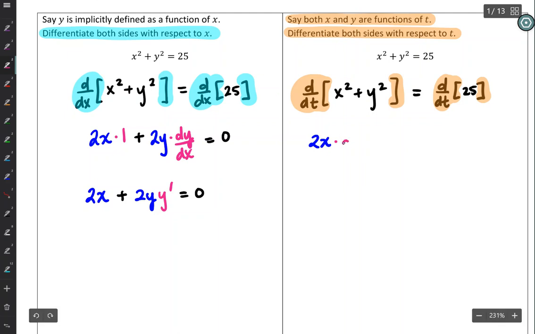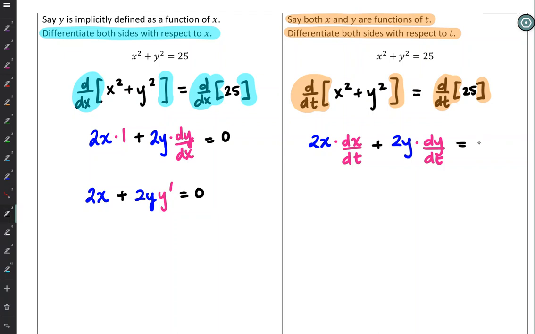I need to multiply by dx dt, or x prime if you prefer. Plus the derivative of y squared is 2y, chain rule, times dy dt is equal to derivative of 25 with respect to t, which is also 0.